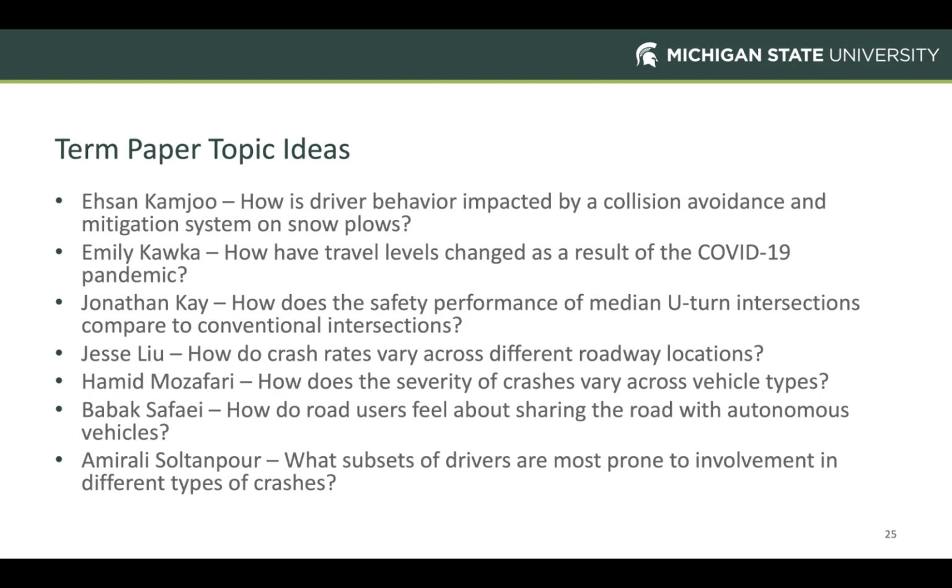And so there are several perspectives from which we could try to evaluate the safety performance of those types of intersections. Jesse Liu, you had a number of more general investigations of interest that talked about things like driver compliance or driver violations and how those would relate to safety performance. Now, we don't really have a robust database that details violation information that would be available selectively from law enforcement, but it's somewhat challenging for us to try to work with.